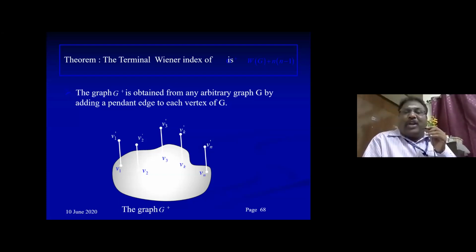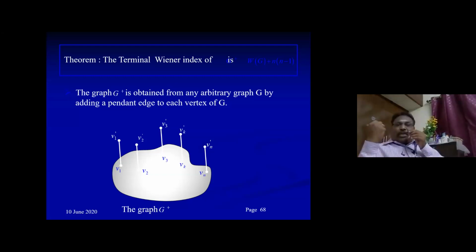So what is the use of this? Given an arbitrary graph, if I prepare a new compound, a new graph G plus, how does it look? From an original organic compound, I am introducing methyl groups into all the carbon atoms, and I get a new structure.